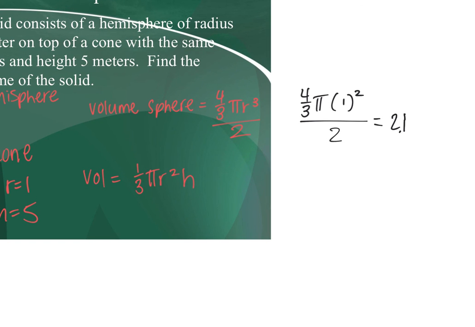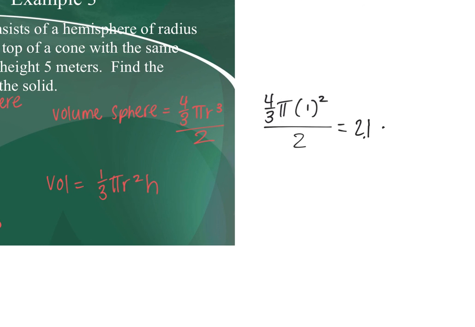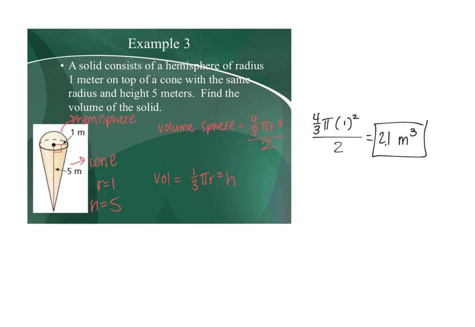What units am I in, guys? Meters cubed. And then lastly, we do the cone. So we've got 1/3 times pi times our radius squared. Oh, guys, I made a little mistake. Instead of writing squared, I should write cubed up here. Do you see when I found the volume of the sphere? It's cubed, guys. Sorry.